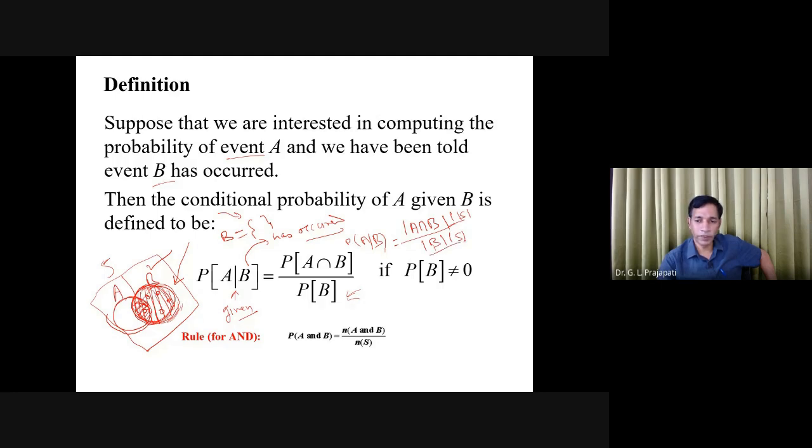This is the probability of B, and this is simply the probability of A intersection B, because it is A intersection B divided by the total number of outcomes.